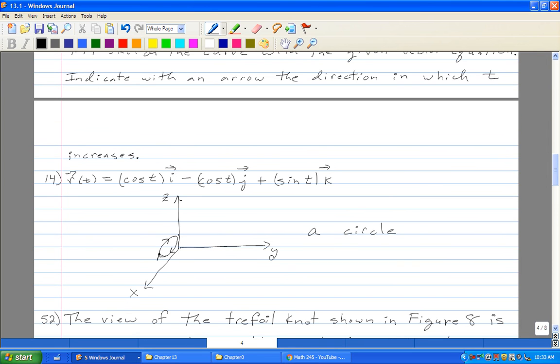So this is just going to be a circle, and it's at a weird sort of angle, kind of at a semi 45 degree angle into this plane. Well, it's 45 degrees to that plane.